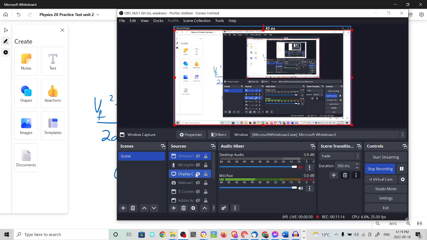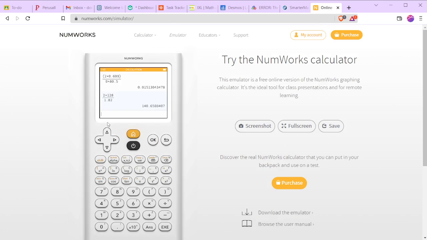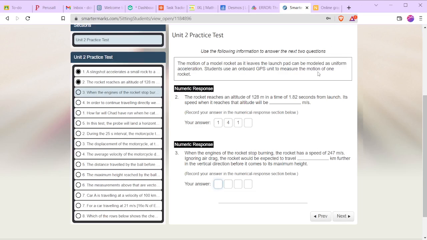So we can recognize it's going to be negative over negative and drop both negatives and just leave it as 247 squared, and then 2 times 9.81 is 19.62. So that's 3,109.531091 meters further.